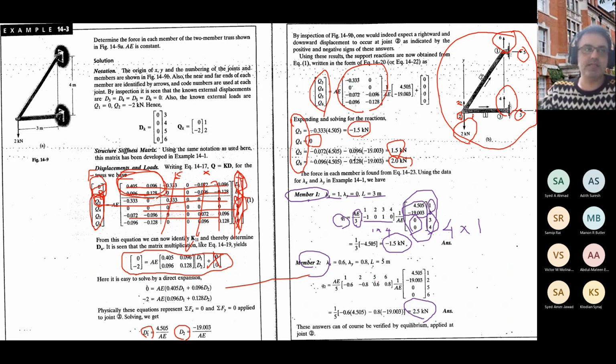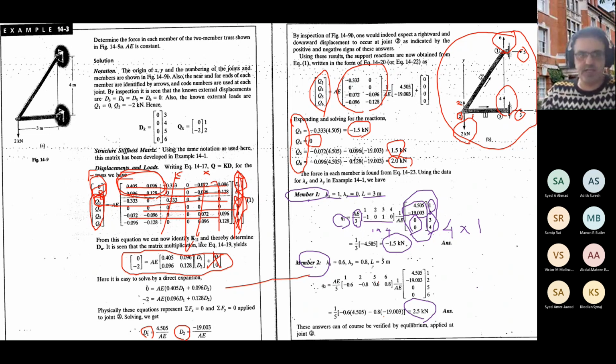We just assembled the stiffness matrix. We just applied the boundary conditions. We just solved F equal to K delta, and we obtained the deformations in all the degrees of freedom. Then we moved to obtaining the support reactions, and then we came up with the internal forces in each element.